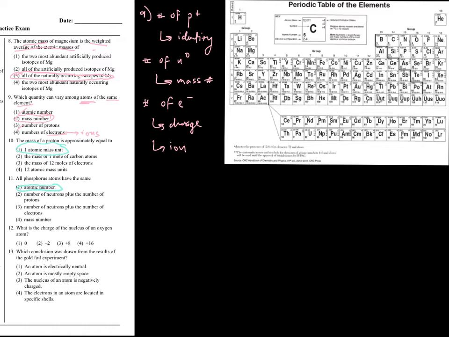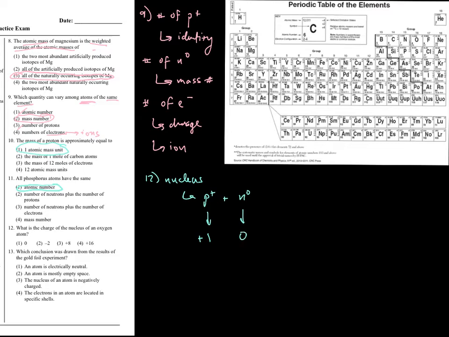Number 12, what is the charge of the nucleus of an oxygen atom? So let's think about what goes inside the nucleus. It's both protons and neutrons. Okay? Protons have a charge of +1, neutrons have 0.